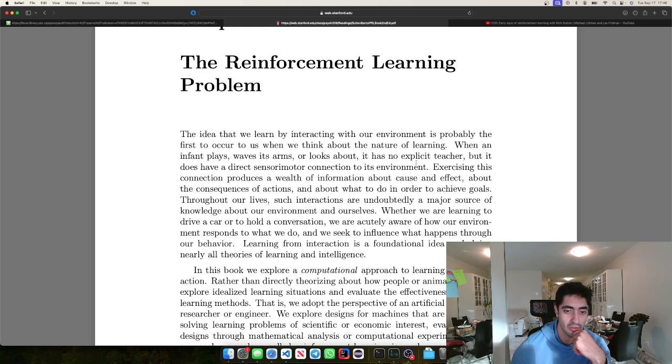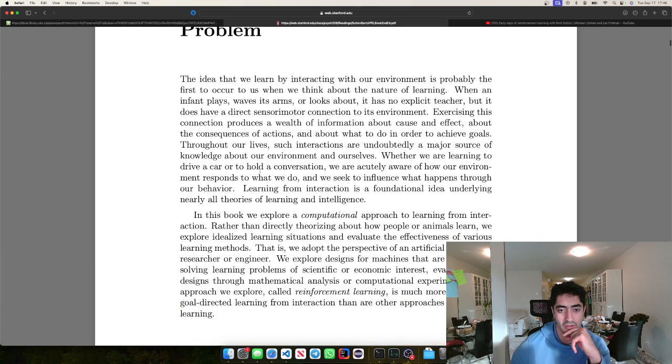Exercising this connection produces a wealth of information about cause and effect, about the consequences of actions, and about what to do in order to achieve goals. Throughout our lives, such interactions are undoubtedly a major source of knowledge about our environment and ourselves. Whether we are learning to drive a car or to hold a conversation, we are acutely aware of how our environment responds to what we do, and we seek to influence what happens through our behavior.